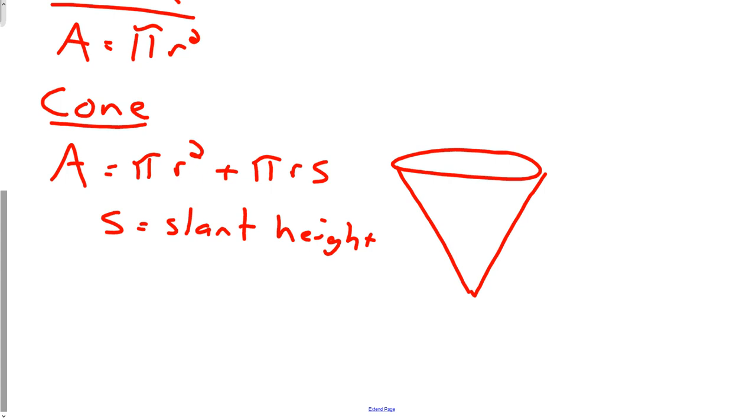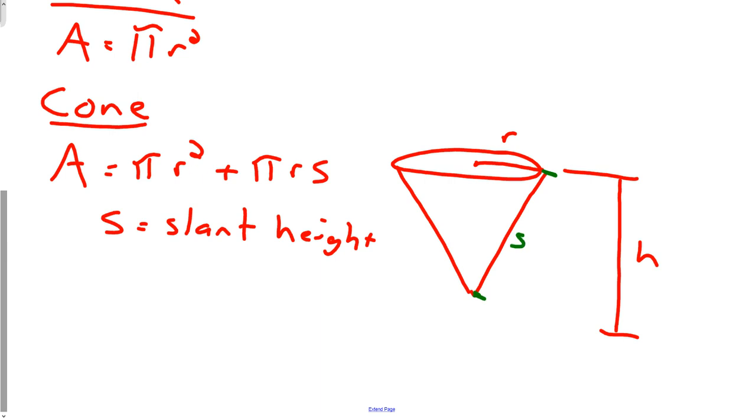Now, what your slant height actually is: this would be your radius. The measurement from the top all the way down to the bottom, that's your height. But your slant height is, I'm going to highlight it in blue, from here to here, this length here.